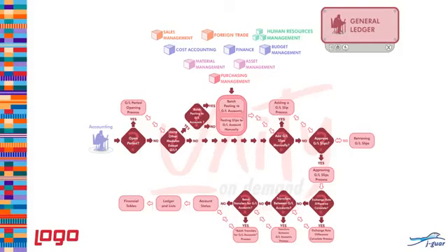So the review of the cycle and the processes related to general ledger is, as you can see, the information coming down from sales management modules, foreign trade, human resources, all the modules that have financial effect in the system will gather their transactions. All of these transactions are generated automatically.